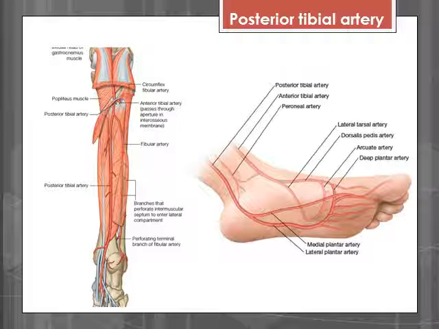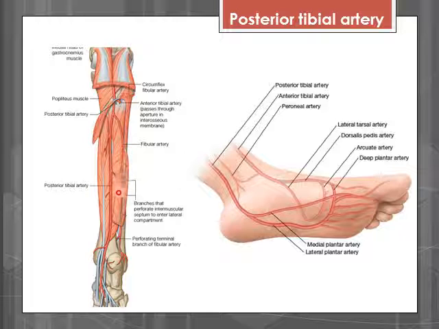Along the course of the posterior tibial artery, it supplies the surrounding muscles and bone. It gives off two important branches. One is called the circumflex fibular branch, and the other is the fibular or peroneal artery.